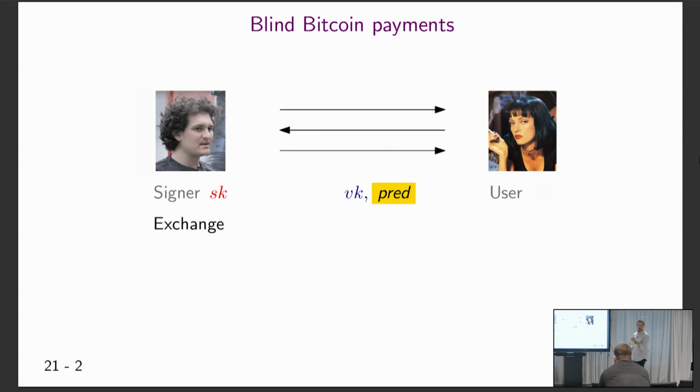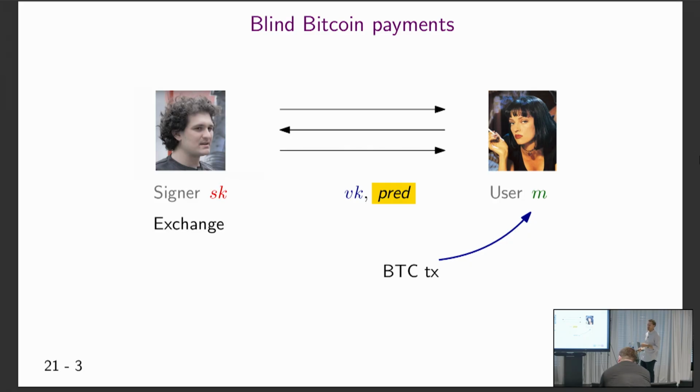If she wants to buy something and she needs Sam to sign this transaction, Sam knows what she bought. So here's an idea. Can't the user just create the Bitcoin transaction from one of Sam's addresses and then just ask him to sign it blindly? Well, if this was just a standard blind signature scheme, Sam wouldn't do that, because otherwise she could make him sign anything and maybe all his money is gone afterwards.